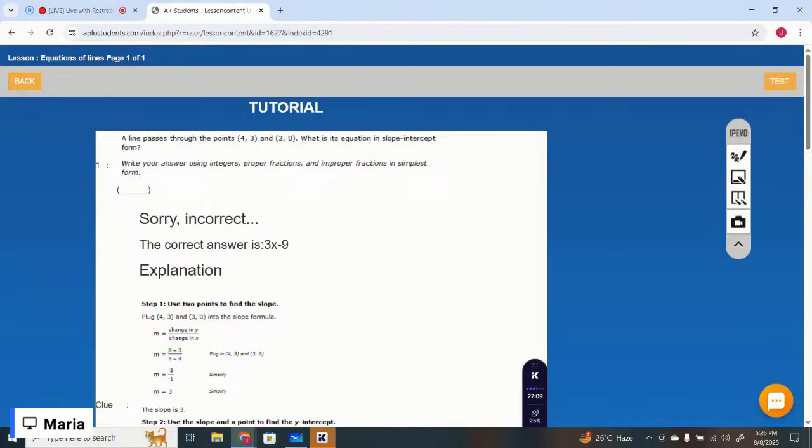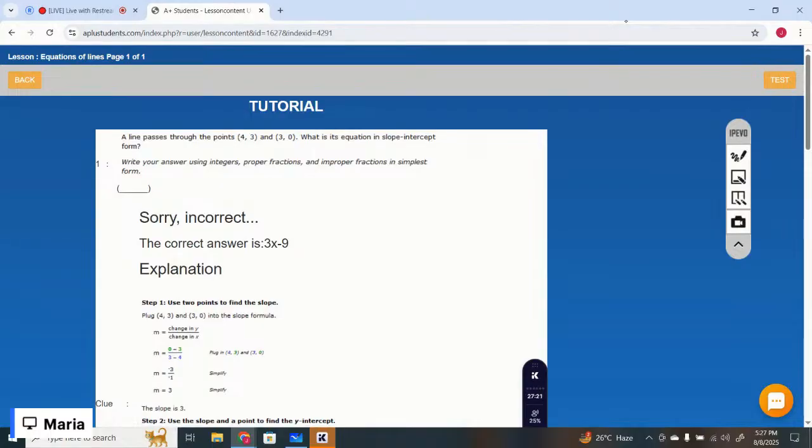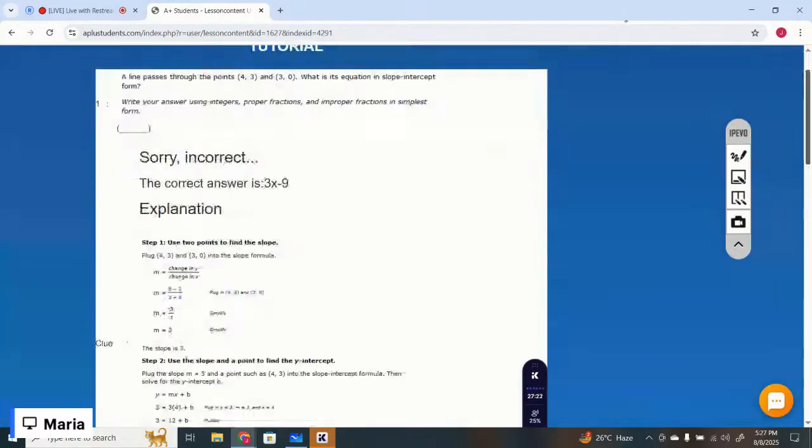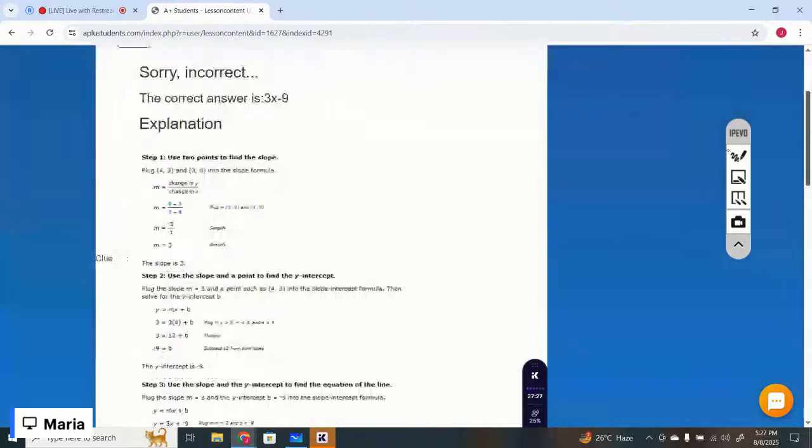What is the equation in slope-intercept form? So we are given the points 4, 3 and 3, 0, right? The first thing we need to calculate is the slope, that is change in y divided by change in x. So negative 3 over negative 1, the slope is 3.